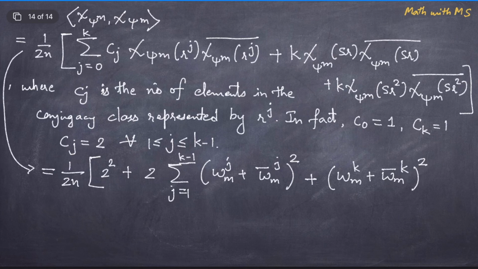So this is the total sum. So let us try to simplify this. This equals 1 by 2n into 4 plus 2 times summation j from 1 to k minus 1.